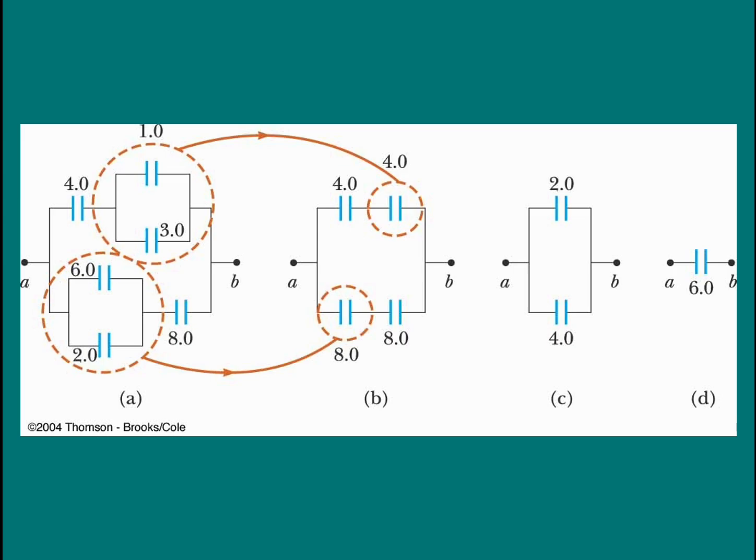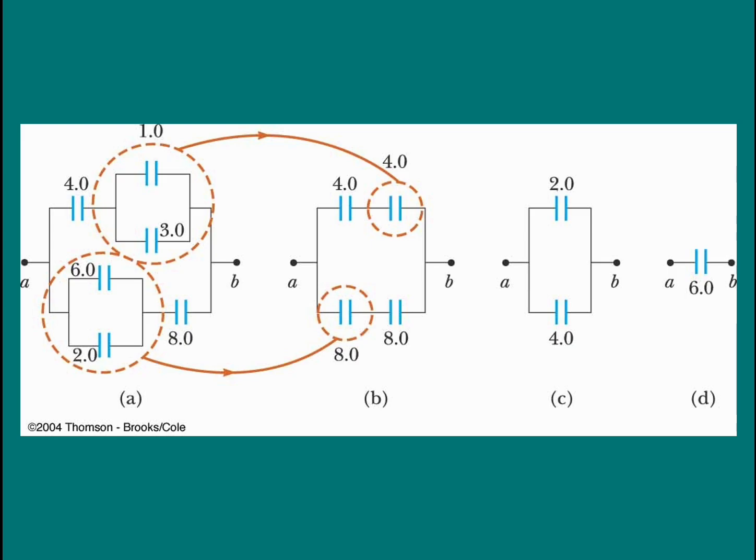This example shows how we find the equivalent capacitance of a number of capacitors connected in a network. We first find the equivalent capacitance of a 1 Farad capacitor and a 3 Farad capacitor in parallel, which gives us equivalent capacitance 4.